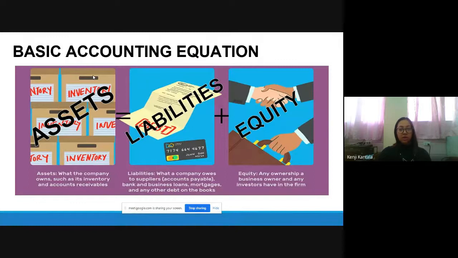So yan yung kino-consider natin as part of our accounts payable. And then we have our bank and business loans. Also, we have yung mga mortgages at saka yung mga iba pang kautangan natin. And then last, we have our equity. So this pertains to any ownership a business owner and any investors have in the firm.